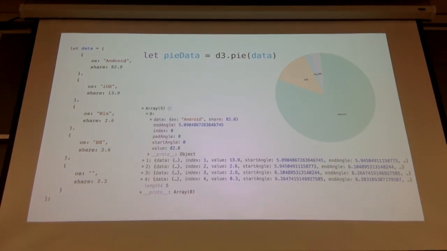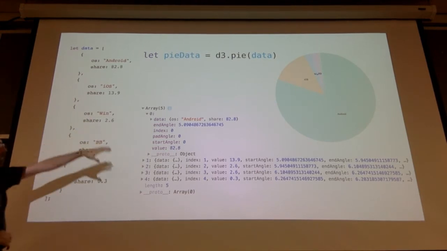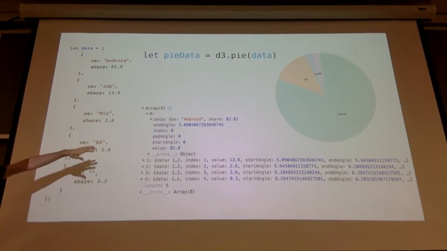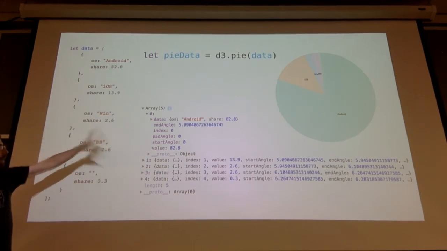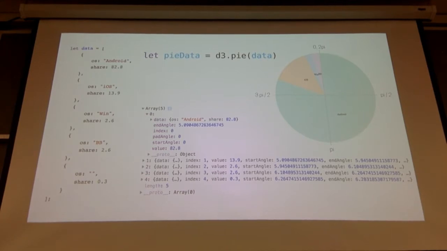So if you were to log pie.data after having called this, you wind up with the actual data itself, the value that we decided to pull from it and bind to it, and an index, which is just the index in the data array originally, and a start angle, a pad angle, and an end angle. So these angles assume you're in radians, so these go from 0 to 2 pi.